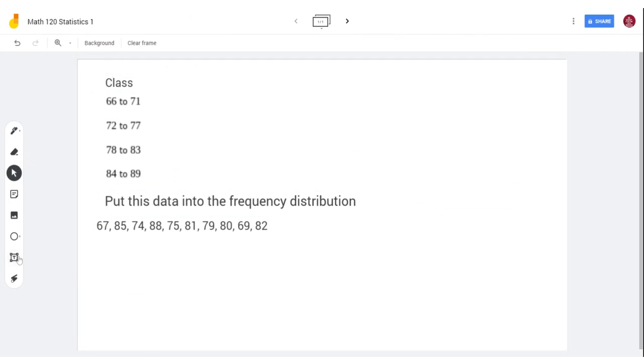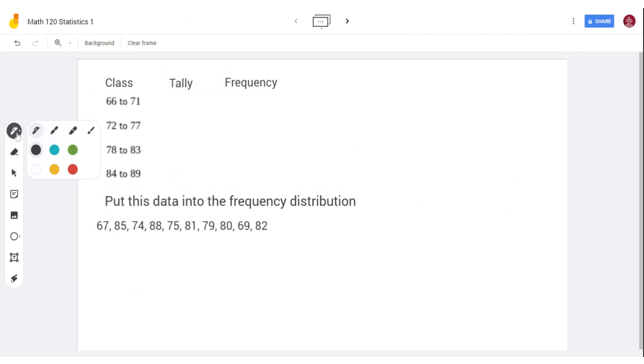And then over here, I'm going to put the count. Now, the count and the frequency are essentially the same, but maybe I'll put a different word: tally. This is not part of the frequency distribution. It's just how we're going to keep track of everything that goes into it.